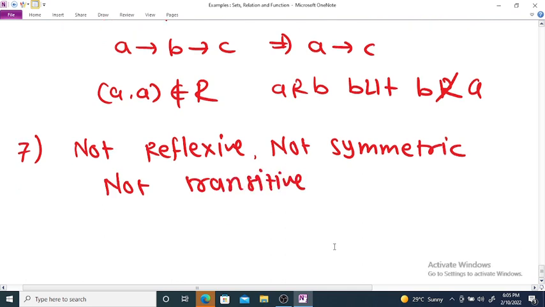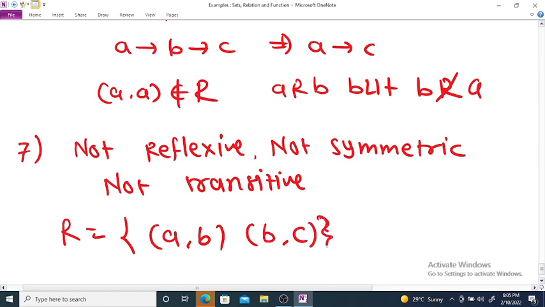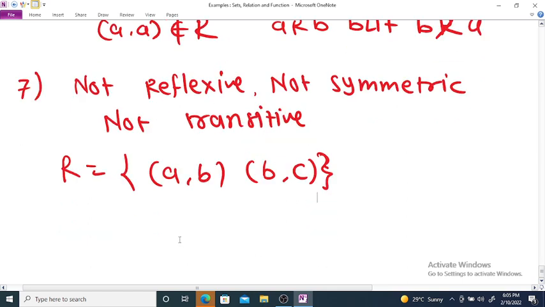So now consider the given relation R is equal to AB and BC, just this set AB, BC. You can check here, it is not reflexive. Why not reflexive? Because the pair AA does not lie in the given set R, therefore not reflexive.